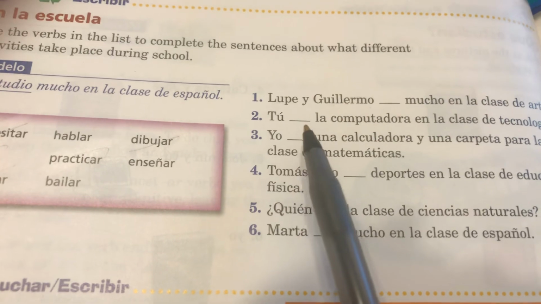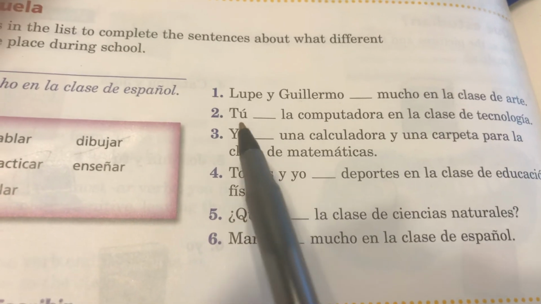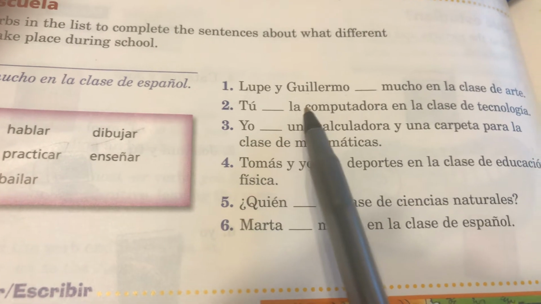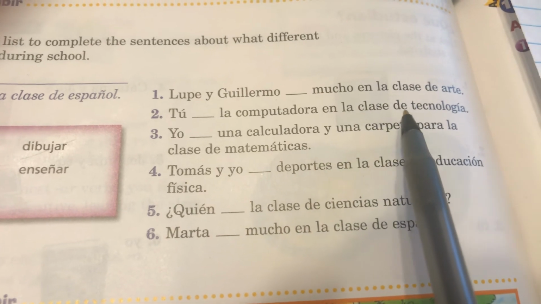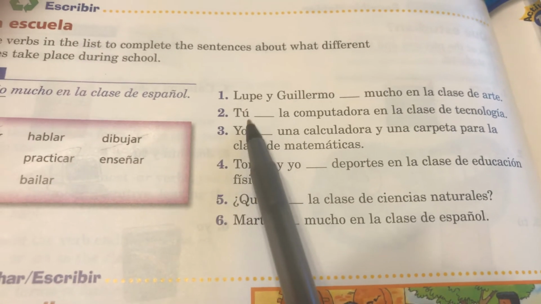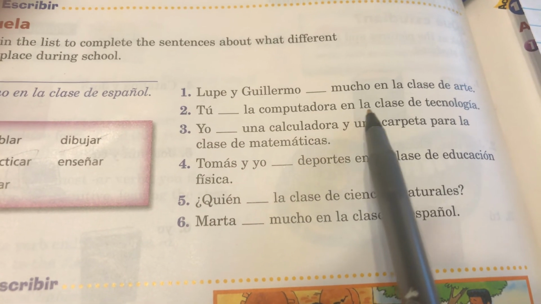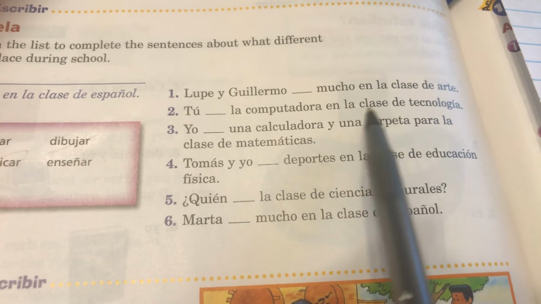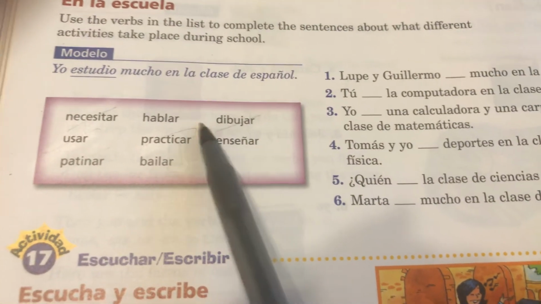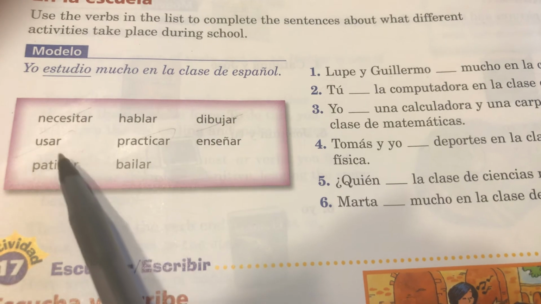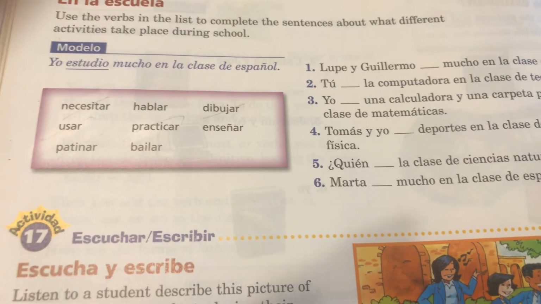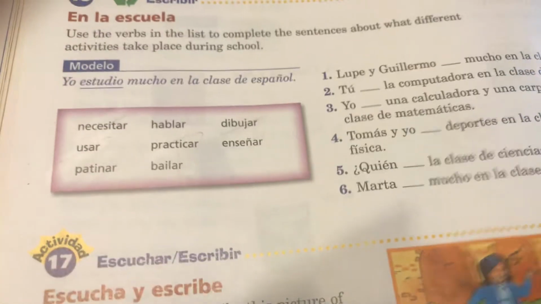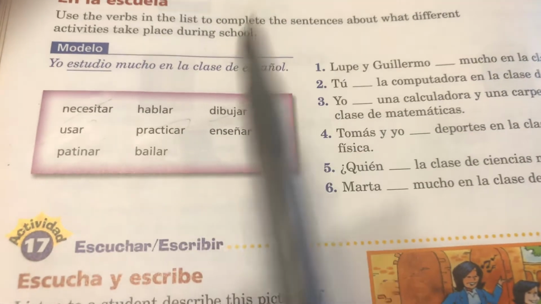Okay, let's look at one more. Tú blank la computadora en la clase de tecnología. You blank the computer in computer class or technology class. So which one would you use here? Well, first, you would see which one fits.